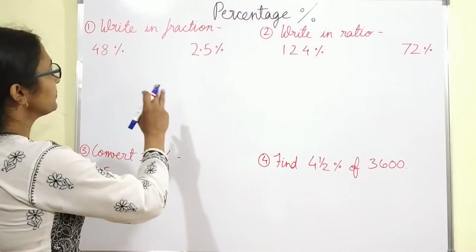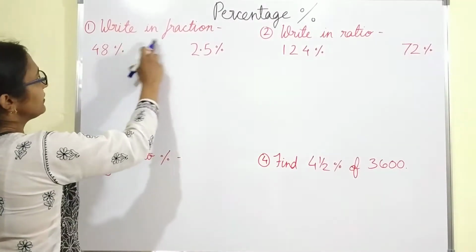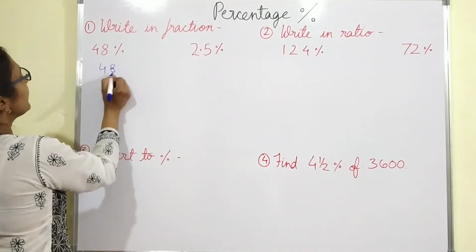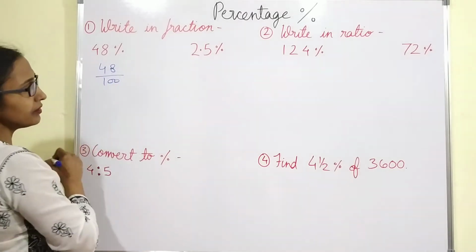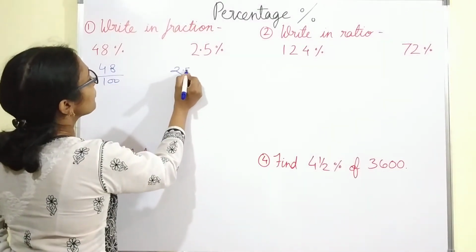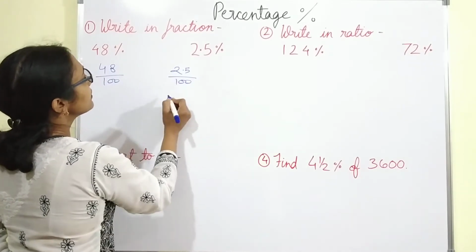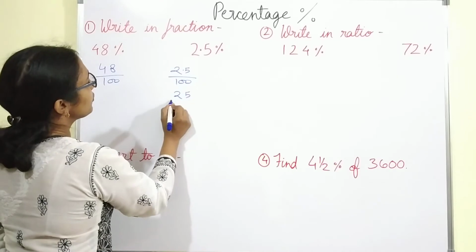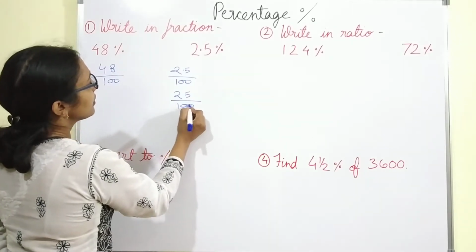Now, more questions based on percentage. First is write in fraction. So 48% means 48 upon 100. 2.5% means 2.5 upon 100. Now remove this decimal. So it will become 25 upon 100.